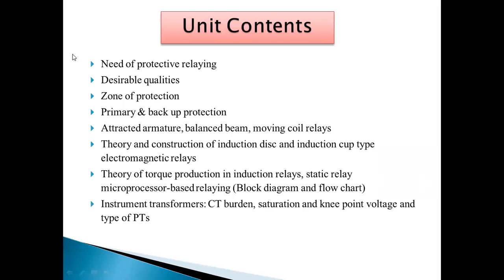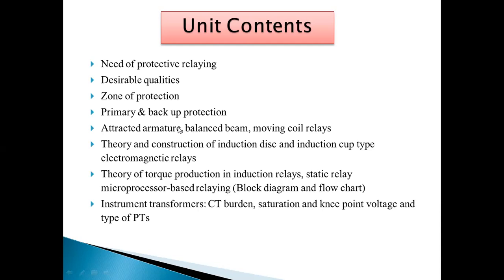So in this chapter, there are very basic points. What is meant by the zone of protection? Important points are primary and backup protection, then the different types, that is the attracted armature, balance beam, and moving coil relays.